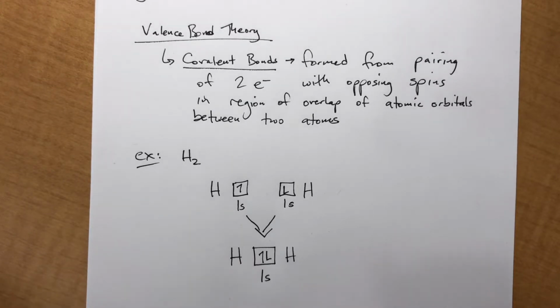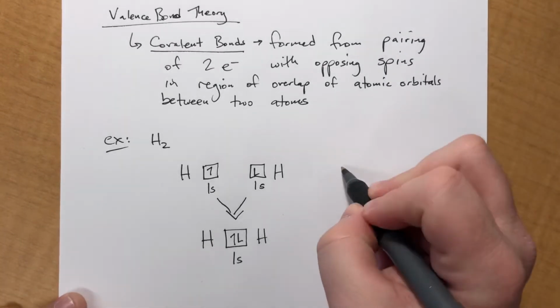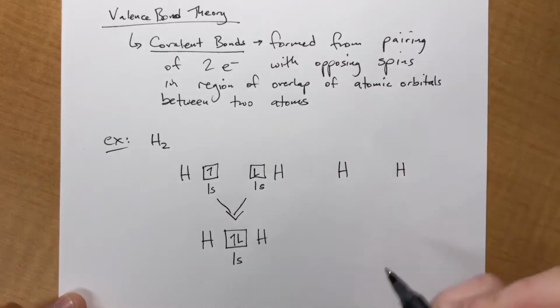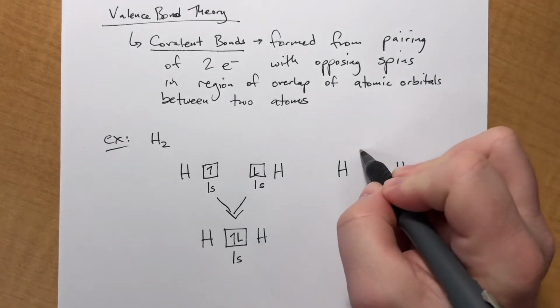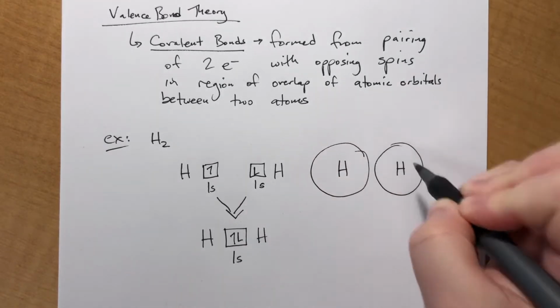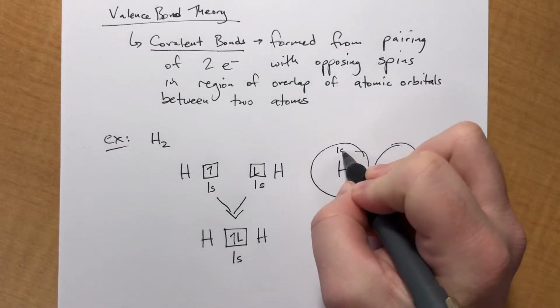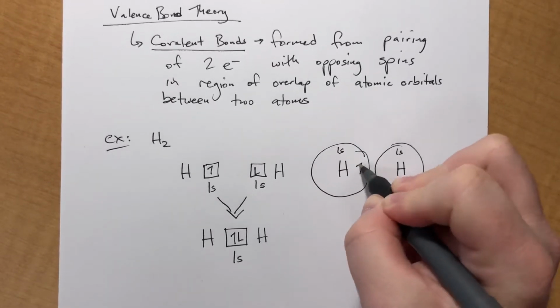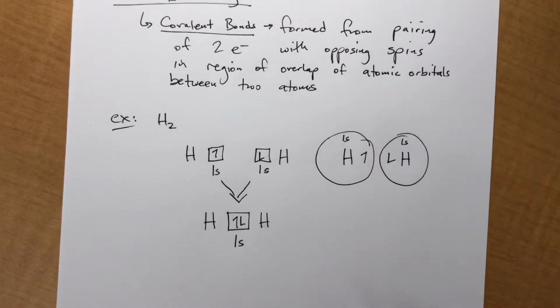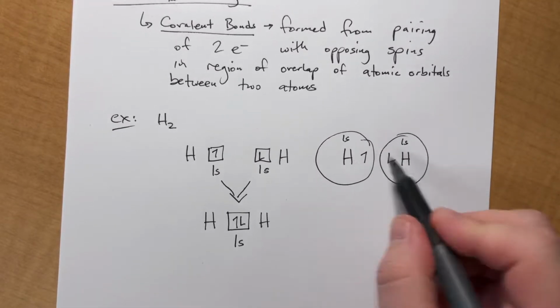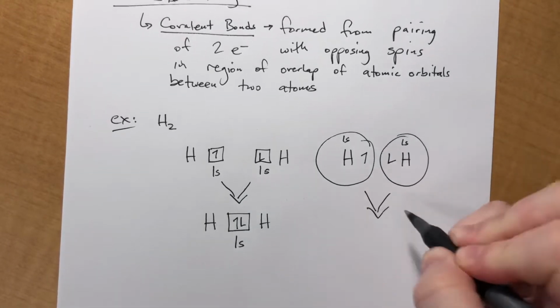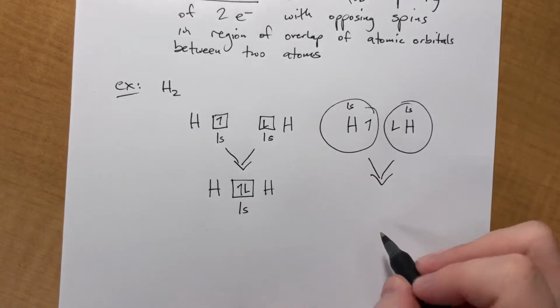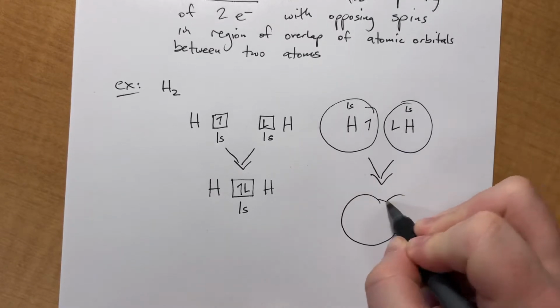Some people visualize it more about the shape, and we're going to do that a lot with hybridization. So an s orbital, if you remember back to the shapes a couple chapters ago, should be a sphere. And this is still a 1s orbital, and each of them would have one s orbital, and when they combine, what you would end up with is essentially an overlap of those orbitals.